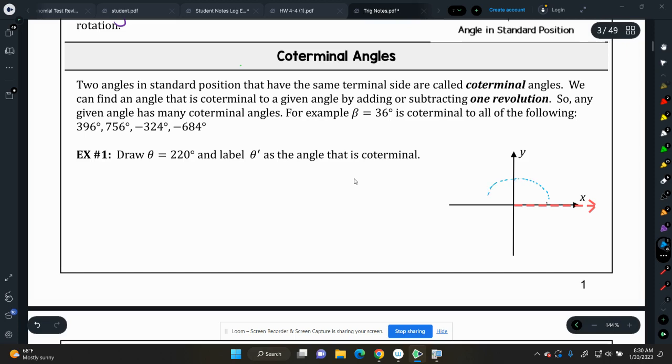This is 180 degrees. So for 220, I have to go another 40 degrees. Just to get a good estimate, this is 90 degrees, so halfway would be 45 degrees. So I'm going to go just a little bit shy of halfway. I'm going to put my terminal side there. That represents 220 degrees.